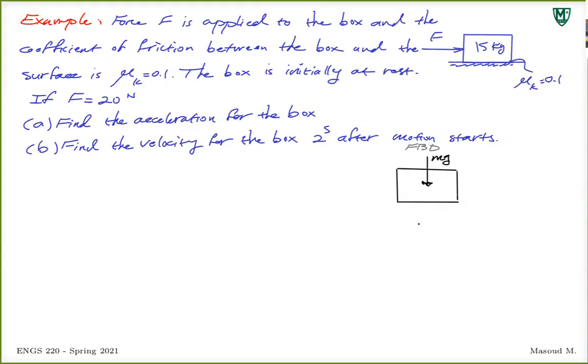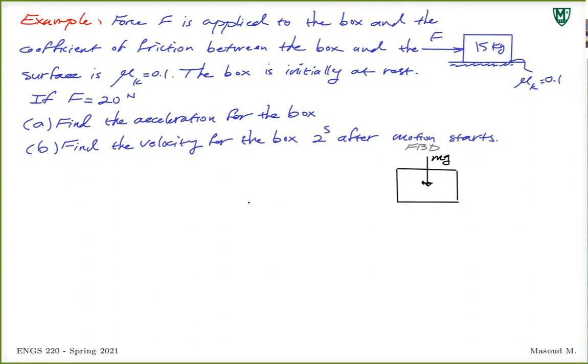I have friction. Which direction is the friction on the free body diagram? To the left, exactly. Friction is always against the direction of the motion or possible motion.